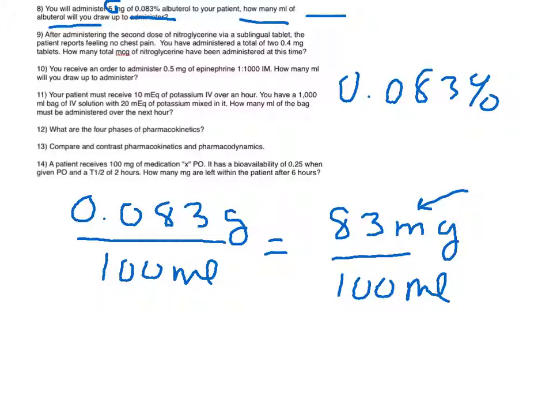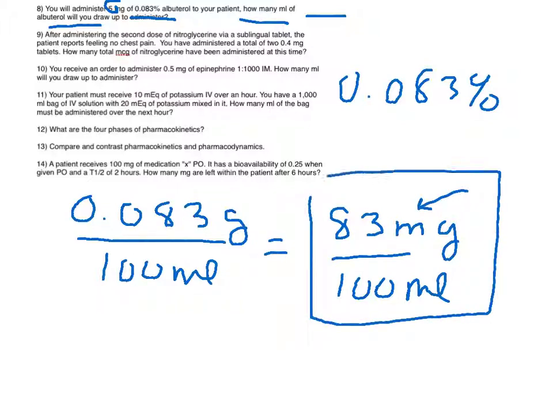Those conversions are quite helpful, and that's why I emphasize that table in lecture as well. Okay, so now we have the concentration that we need, because now we're talking milligrams. So 0.083% is 0.083 grams in 100 milliliters, or 83 milligrams in 100 milliliters.